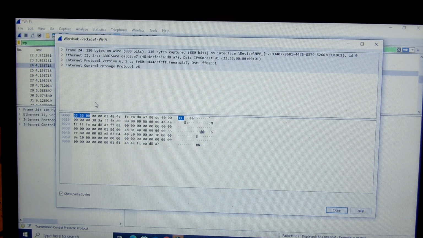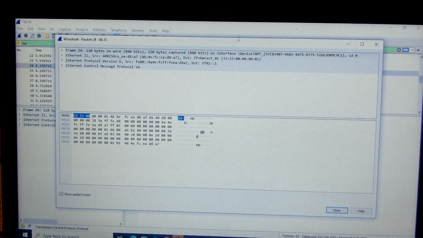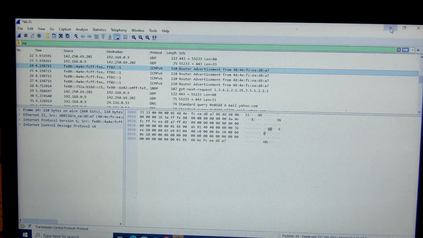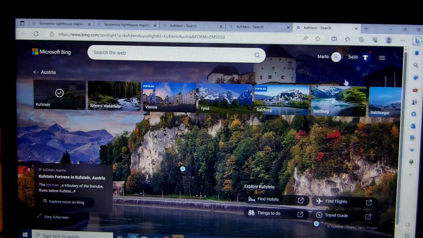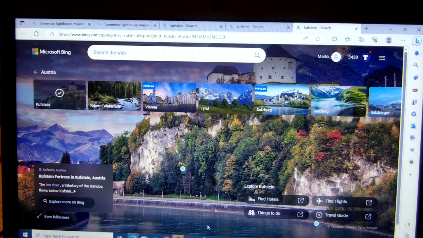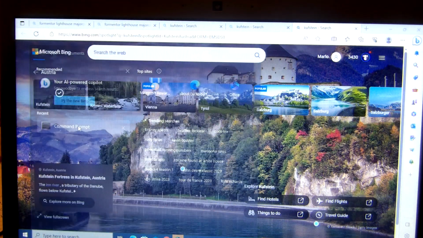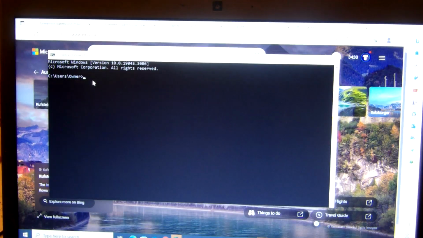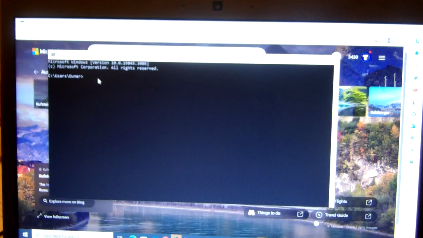Let's see the command prompt. We talked about this.